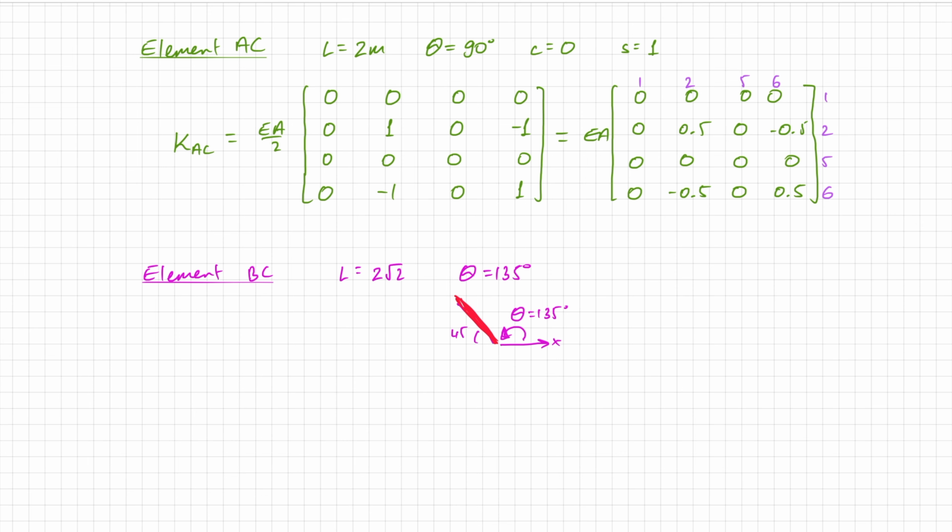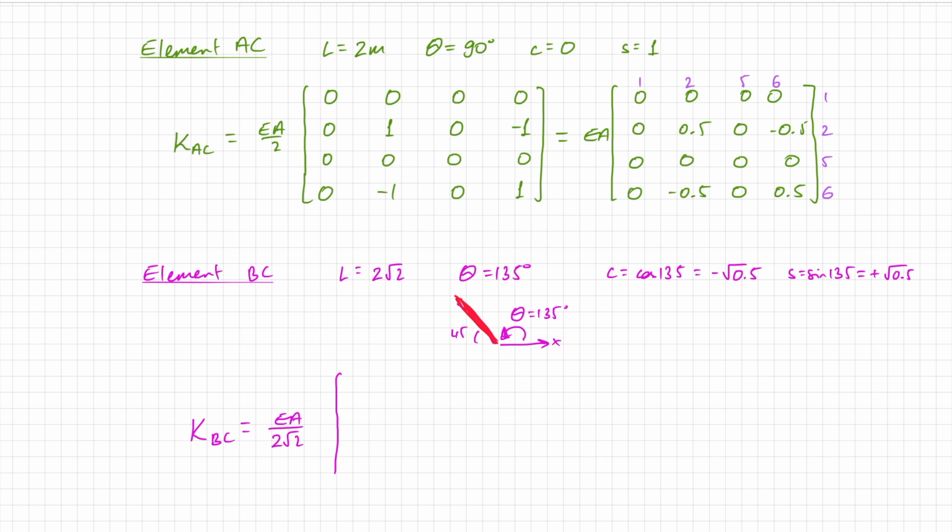Additionally, C, which is cos 135, works out as minus a square root of 0.5, and S, which is sine 135, works out to be plus a square root of 0.5. And now that we have all that, we can write KBC, so it's EA over 2 square root of 2, because that's the length.